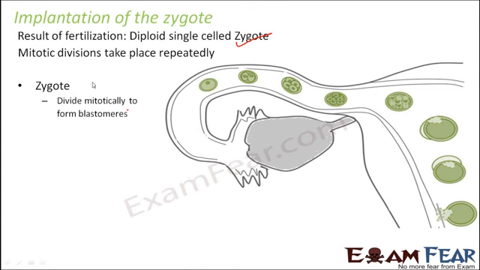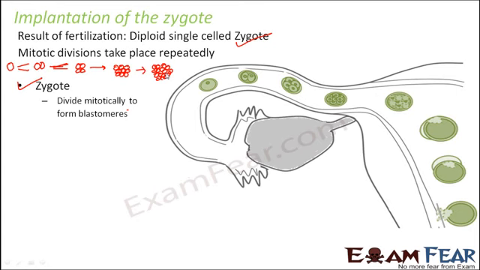Now what are blastomeres? Let us understand it in this way. The zygote was a single cell, right? This single cell undergoes mitotic division to form a two-cell structure. This further divides to form a four-cell structure, which further divides to form an eight-cell structure, and this again forms a 16-cell structure.